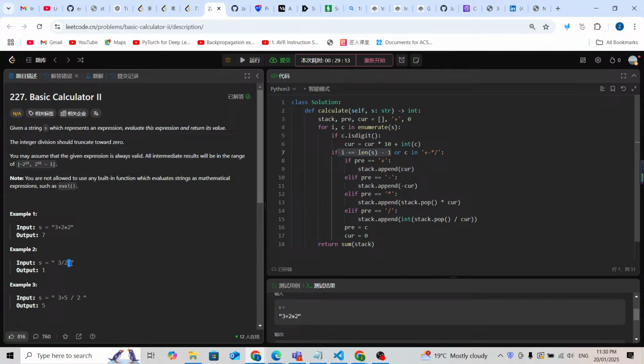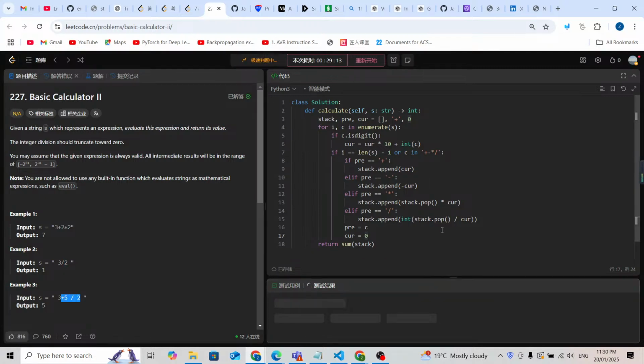But now we find the last character, so we do the calculation again, and the previous sign is going to be one of those 4. We make another calculation and take into account the last number. In this way we can calculate the final result.